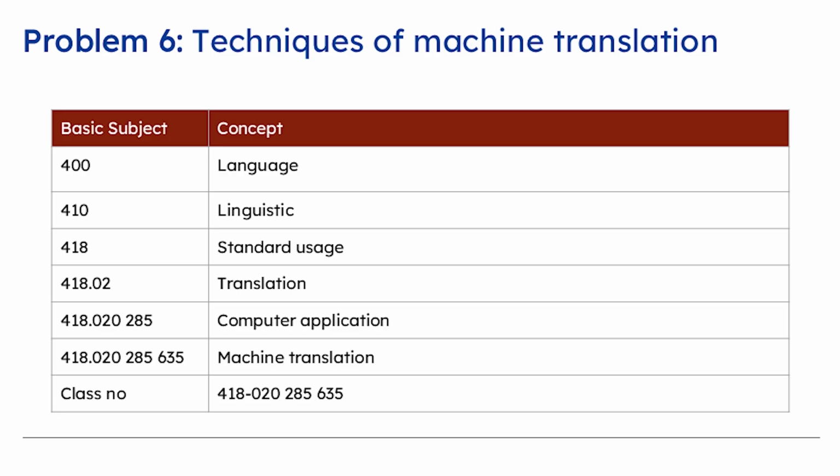The basic class would be 400, 410 linguistics, then we search 418 standard uses, 418.02 translation, 418.020285 computer application, and in the same class we see 418.02 machine translation. So a direct number is given, so it is very easy. In time we have to look accordingly, then we will get the number.